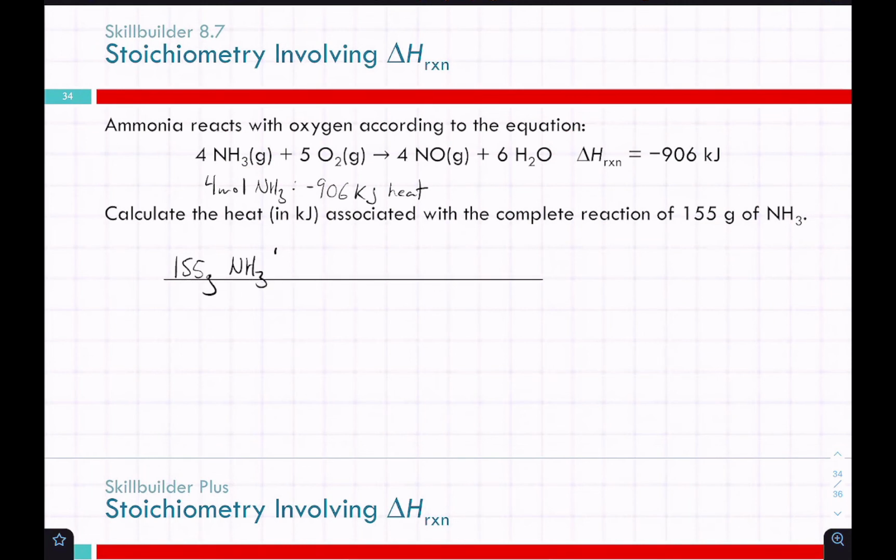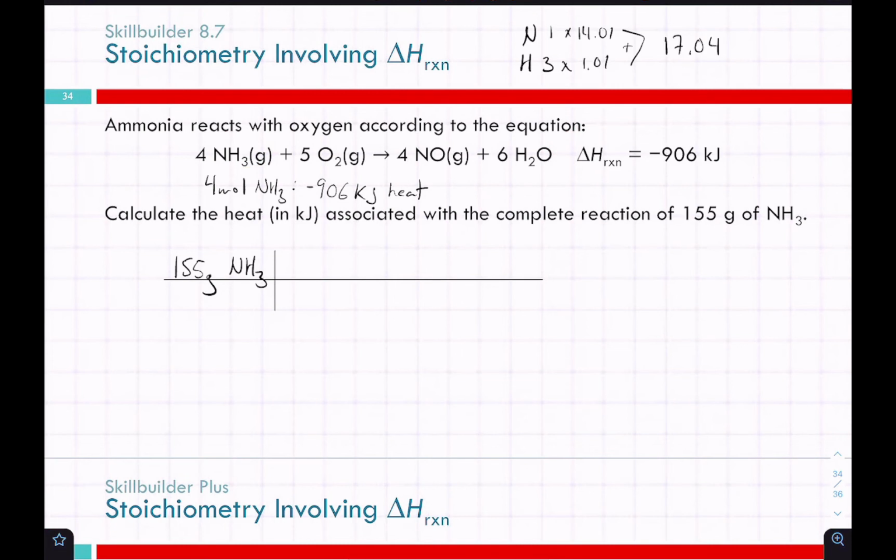And this is where the fact that this is just a unit conversion problem comes in handy also. So if we want to get from grams of ammonia to moles of ammonia, we've got to use a molar mass. So there's 1 nitrogen and 3 hydrogens. So that's going to be 14.01 plus 3 times 1.01.